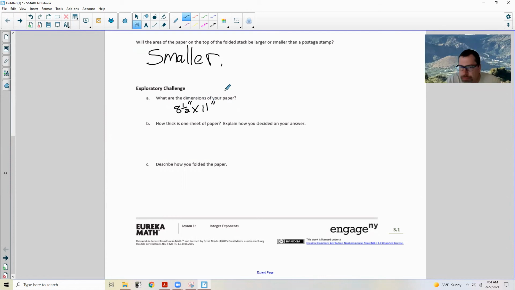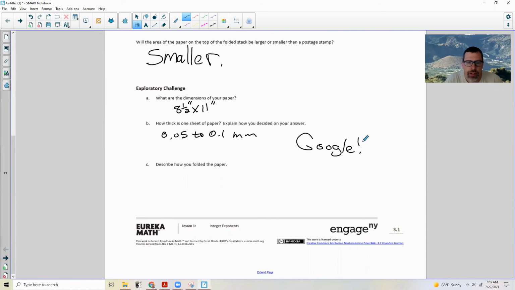How thick is one sheet of paper? Explain how you decided on your answer. Okay, 0.05 to 0.1 millimeters.